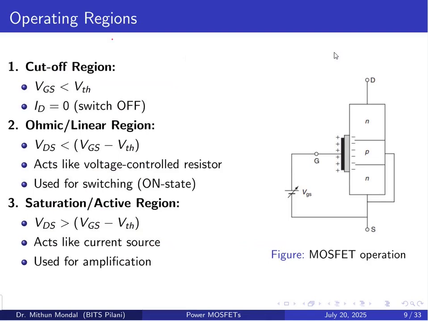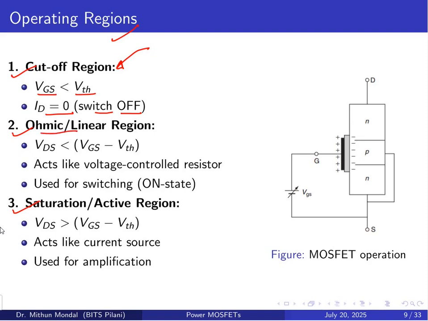In the operating region of this power MOSFET, we have three important regions. One is the cutoff region, second is the ohmic or the linear region, third is the saturation or the active region. In the cutoff region, cutoff means off. Here the gate to source voltage is less than the threshold voltage. There will be no drain current flowing, and the MOSFET will be acting as a switch in the off state.